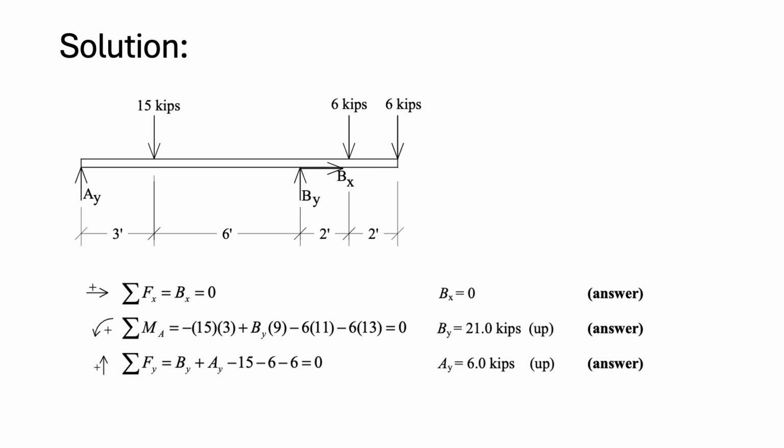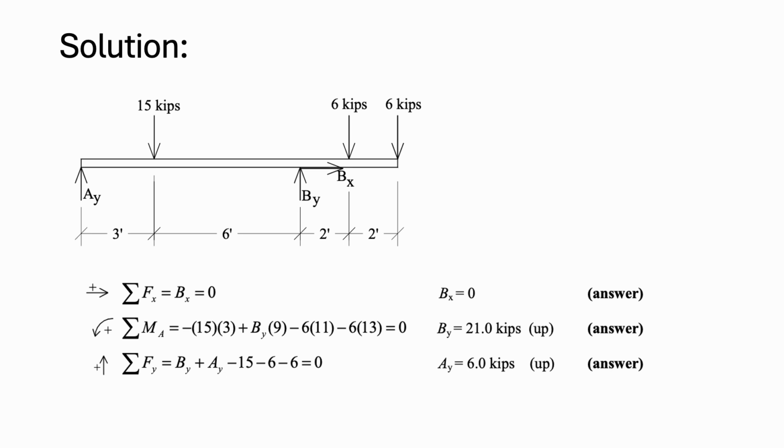That means minus 15 times 3. Then we have By, our unknown, times 9 feet counterclockwise, minus 6 times 11 clockwise, and minus 6 times 13 clockwise, again minus, is equal to 0. Using this second equation, we will obtain that By is equal to 21 kips.